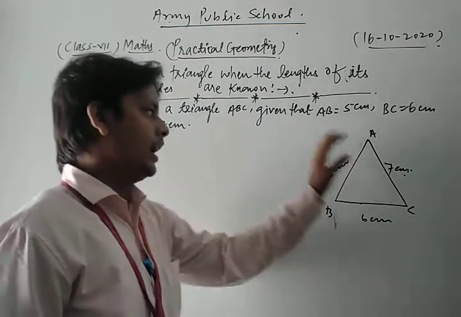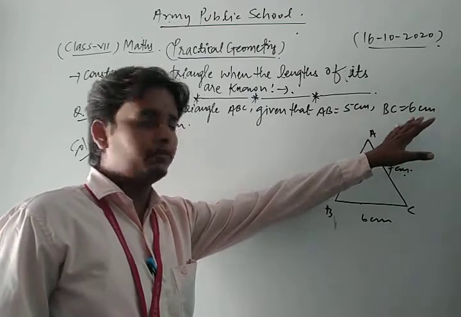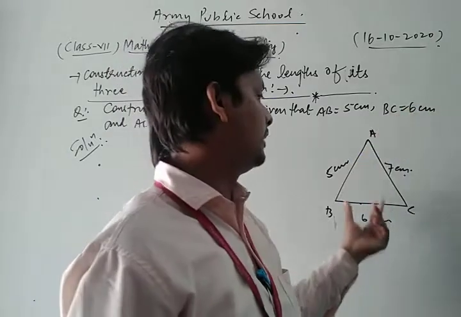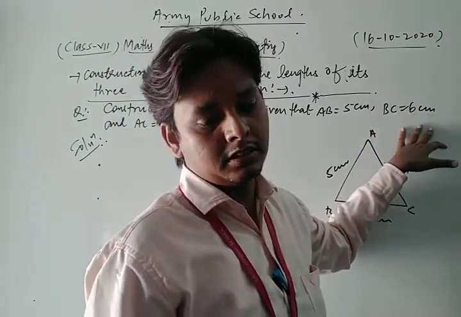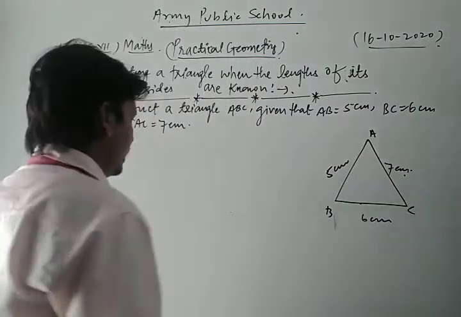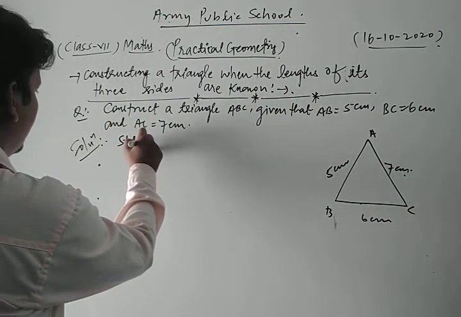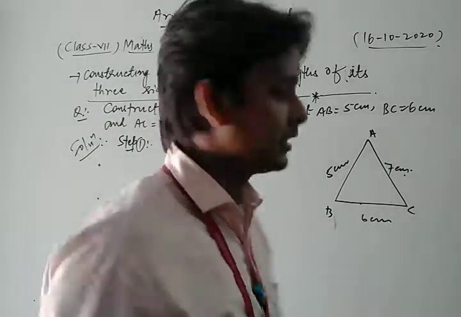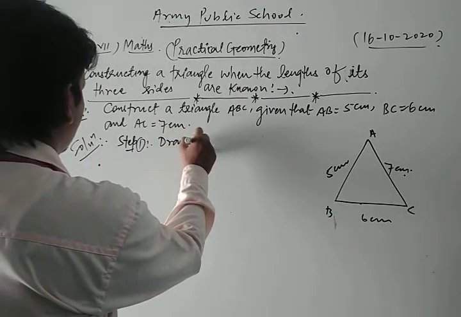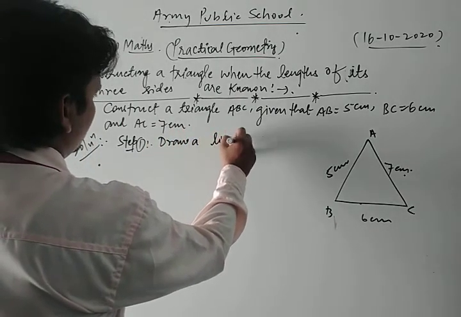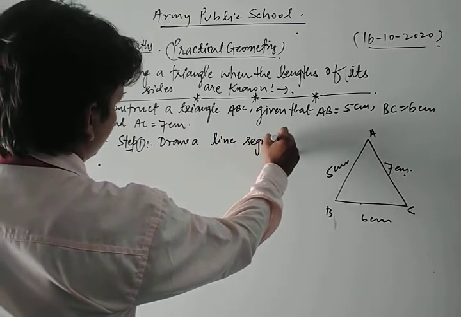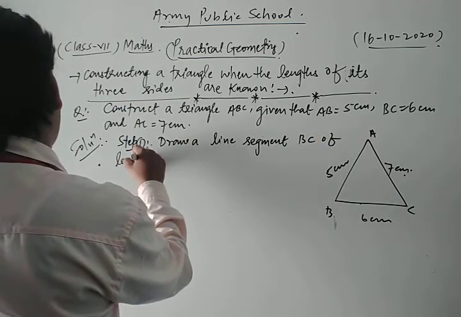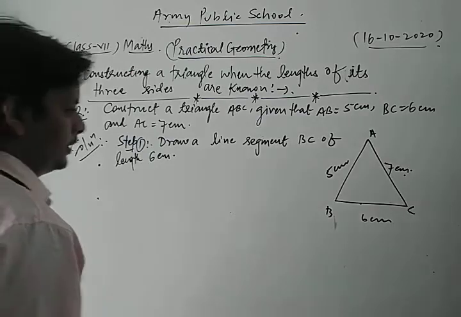To construct that triangle, first of all we draw the base of the triangle, a line segment BC of 6 centimeter. So, in step one, we draw a line segment BC of length 6 centimeter. This is our first step.